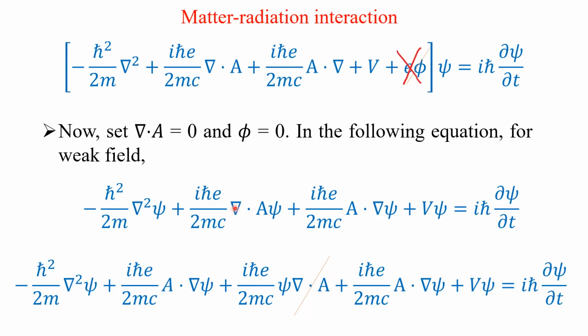First you take the derivative with respect to ψ, keeping A, so you will get A dot ∇ψ. Then you keep ψ as it is and differentiate A, so you will get the divergence of A. All other terms remain the same. Here, from the Coulomb gauge, this term, the divergence of A, will be equal to 0. The remaining terms we will simplify further.